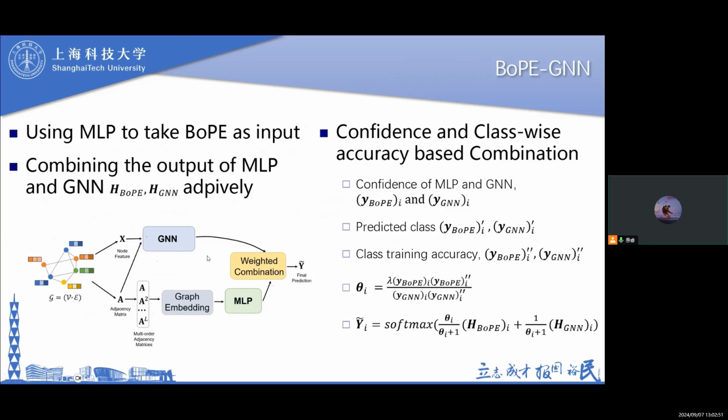Then the importance theta of BOPNet and GNN is calculated by this equation here, which takes the product of BOPNet class-wise accuracy and confidence as the numerator and the GNN's as the denominator. After that, we get a final prediction by weighting HBOP and HGN by the importance value theta.